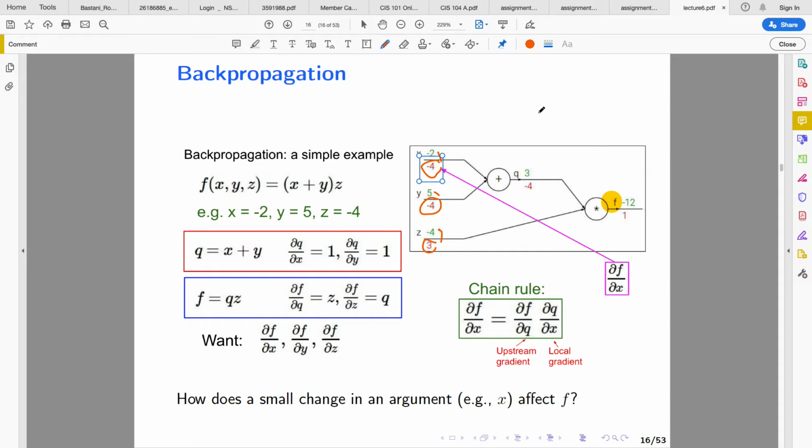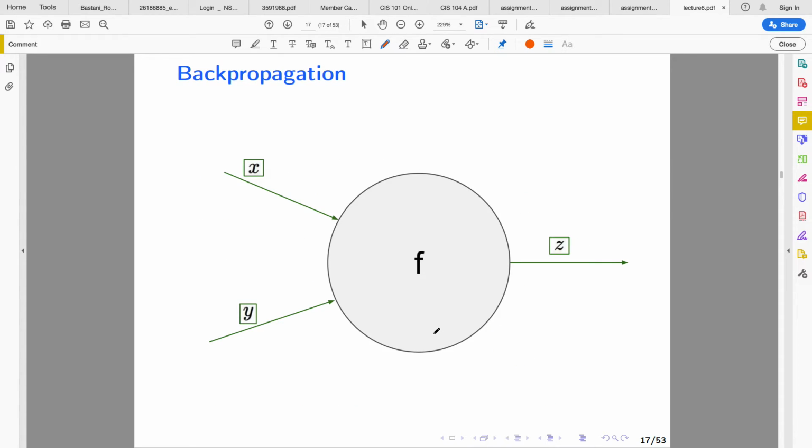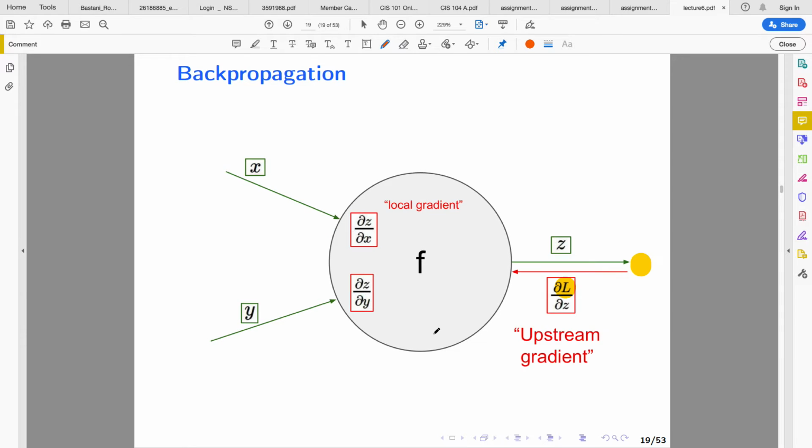Remember in the previous series, we mentioned that we arbitrarily start the values of our inputs x, y, z with arbitrary values. In this case, we started with minus 2, 5, and minus 4. But after doing backpropagation, we have adjusted the values to minus 4, minus 4, and 3. So that is essentially what the backpropagation is doing.